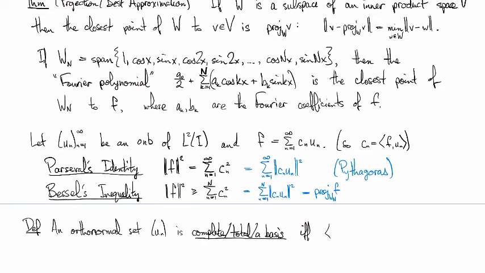If and only if the only thing that is orthogonal to all of these elements is the zero function, or the zero vector.